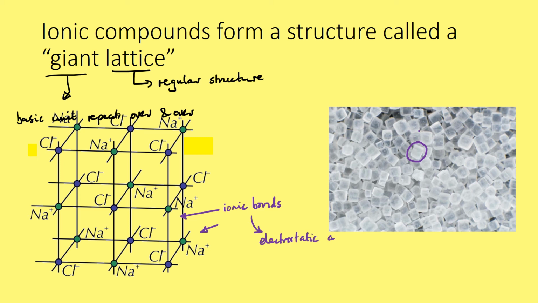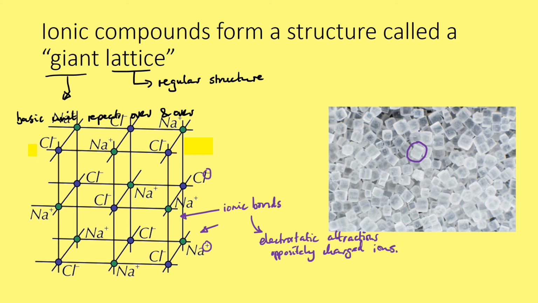Electrostatic attractions between the positive charge on the sodium ion, and in this case here the negative charge on the chloride ion. So we're going to write the electrostatic attraction between oppositely charged ions.